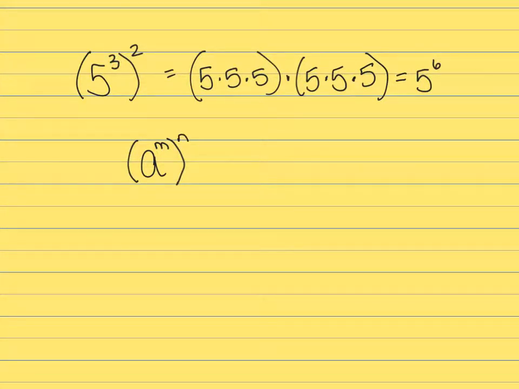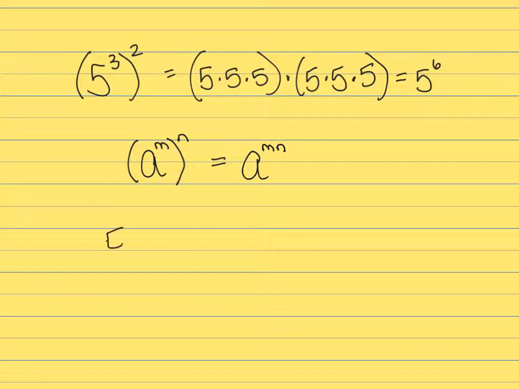And I raise that grouping by a certain power, n. In this case, it was 2. When that happens, the trick we can do, instead of writing it all out, is we can just write it as a to the m times n to get whatever the answer is.